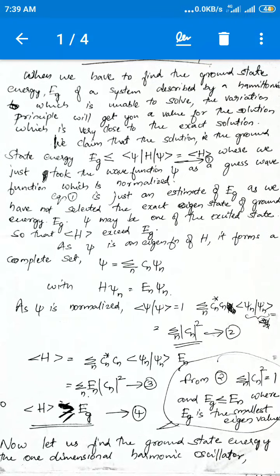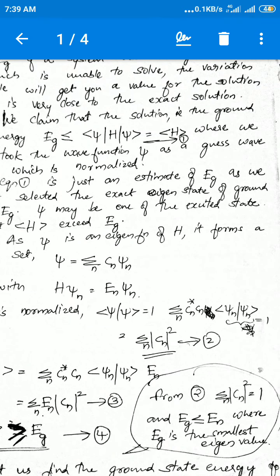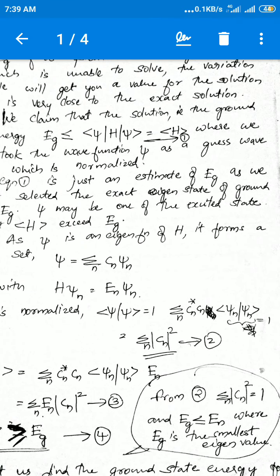And as psi is normalized, you know already that the inner product of psi with psi is 1. So you can substitute for psi there. Bra psi n will be Cn star.